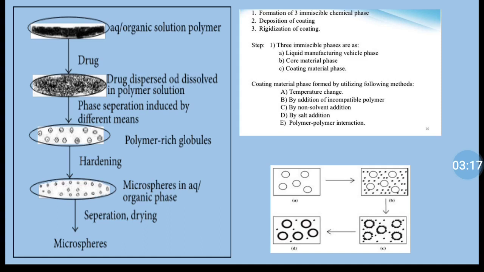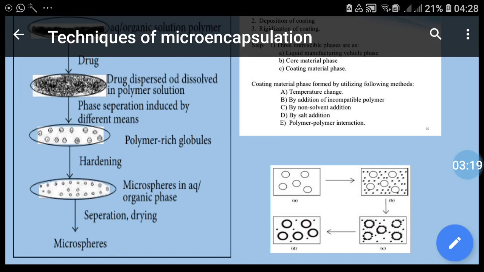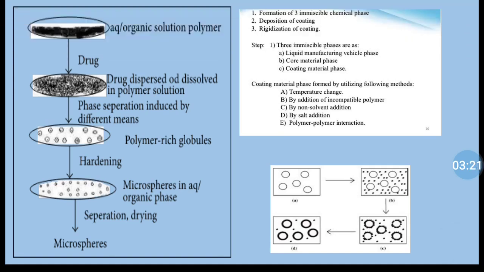Okay, the phase separation and microencapsulation can be done by various methods. It can be due to temperature change. So due to reduction in temperature, the polymer solubility decreases and the polymer comes out from the solution. Phase separation can be by addition of incompatible polymer.